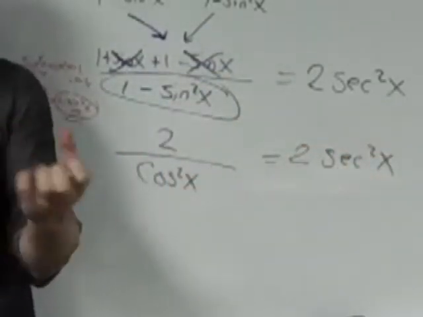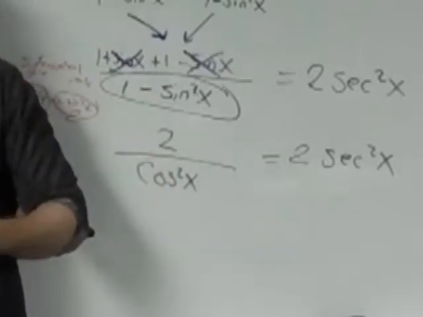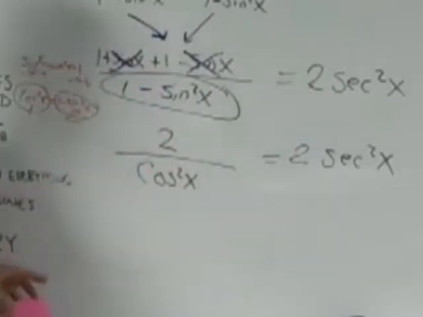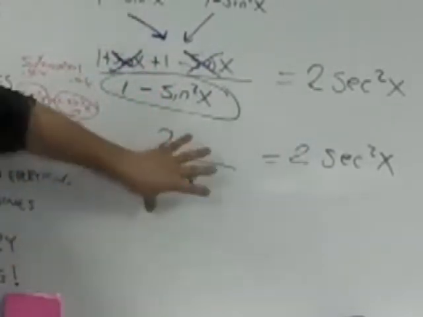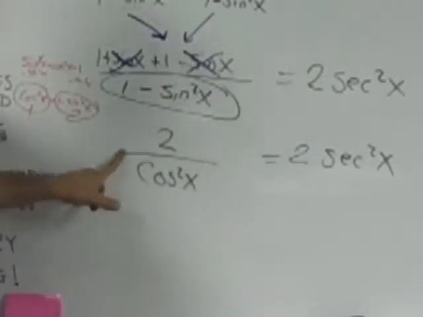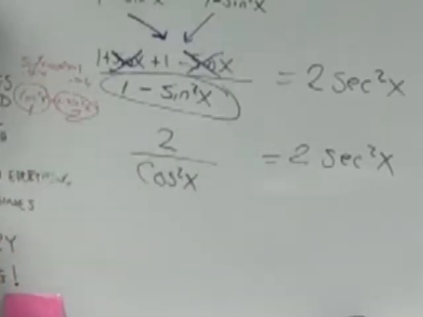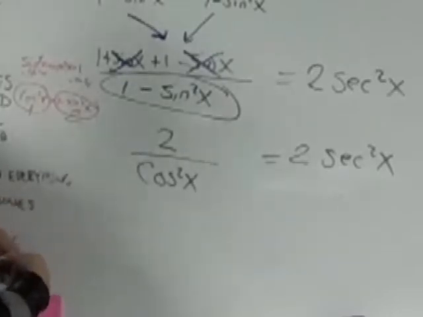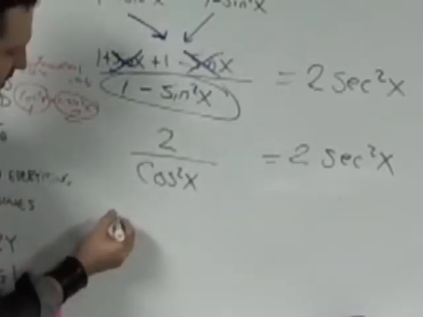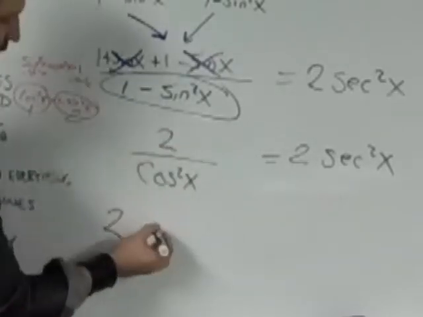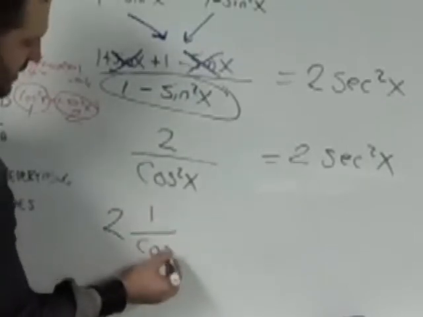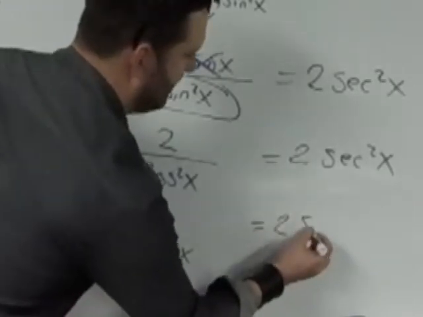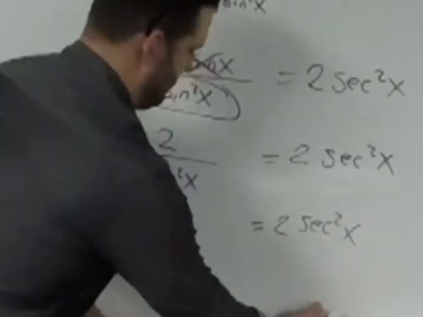But the good thing is cosines and secants are related. Cosine squareds and secant squareds, they're really related somehow. They can turn into each other. If we wanted to, what we will do next, and it depends if you want to take that extra step or not, you could pull the 2 off to the side. And so this will take 2 steps. Pull the 2 off to the side, and then this becomes 1 over cosine squared x equals 2 secant squared x.